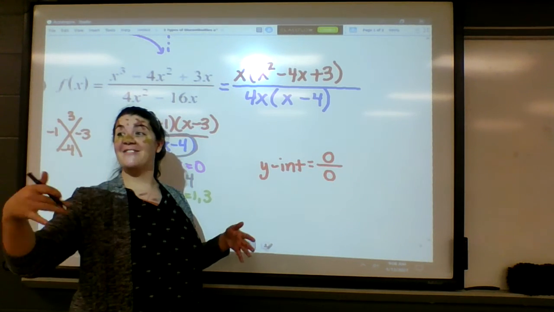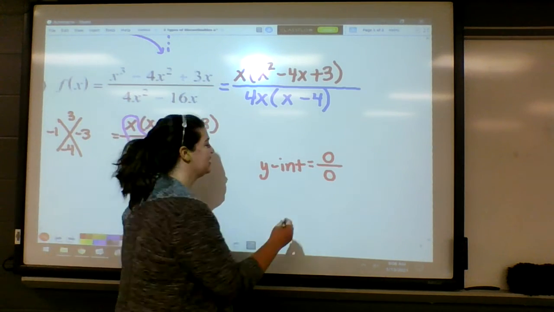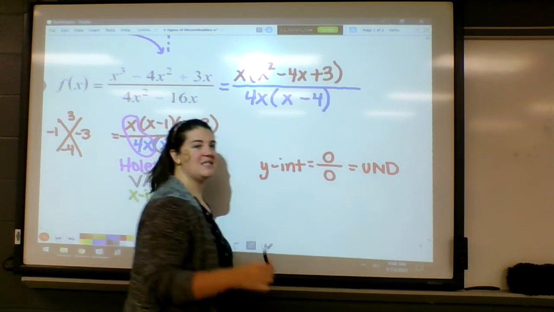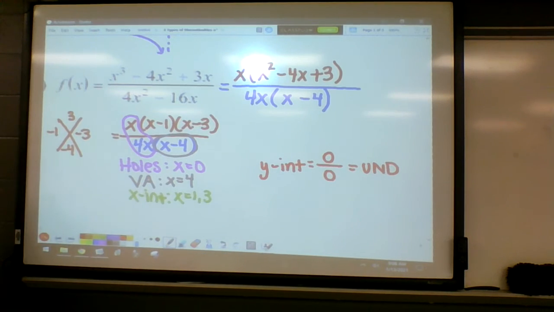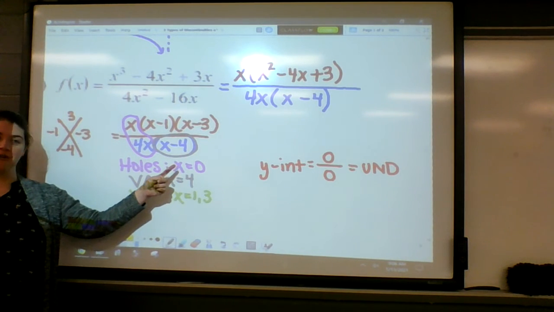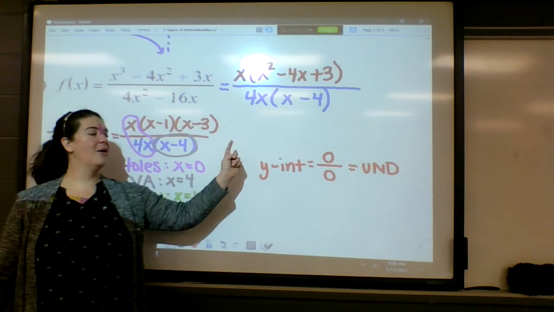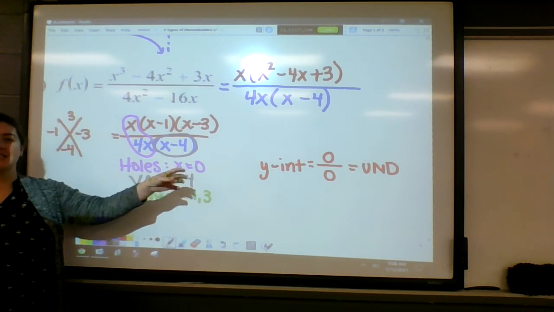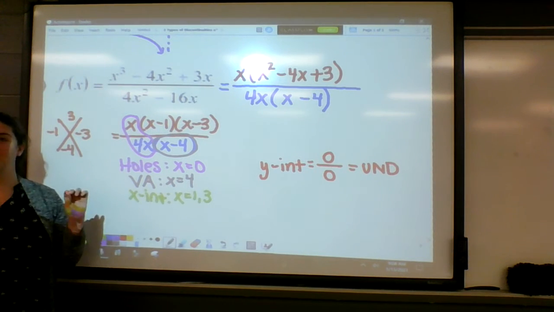It's undefined, because you can't divide by 0, right? And Shannon, you were saying earlier, why is it undefined? Because there's a hole at 0. So if there's a hole where x is 0, that means there's a hole where it's supposed to cross the y-axis. So it doesn't cross the y-axis, because wherever that would happen, there would actually be a hole.